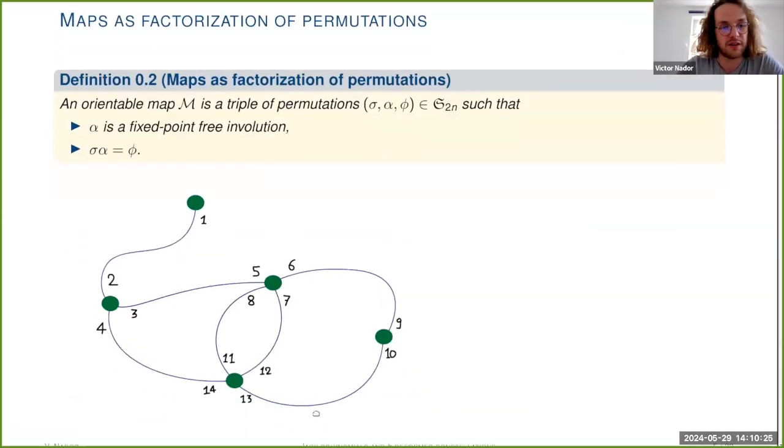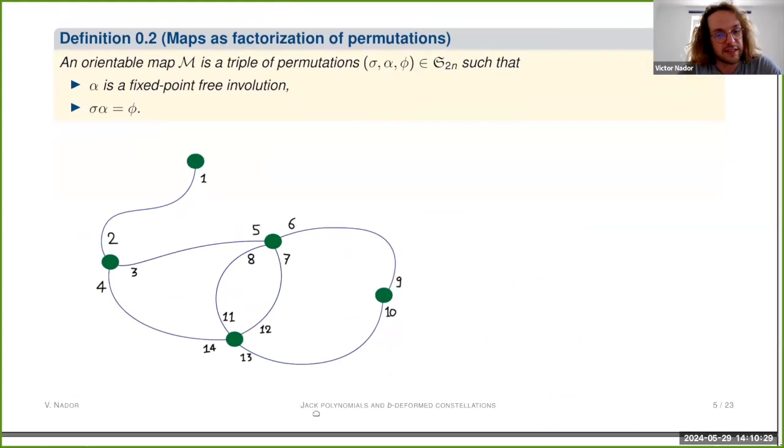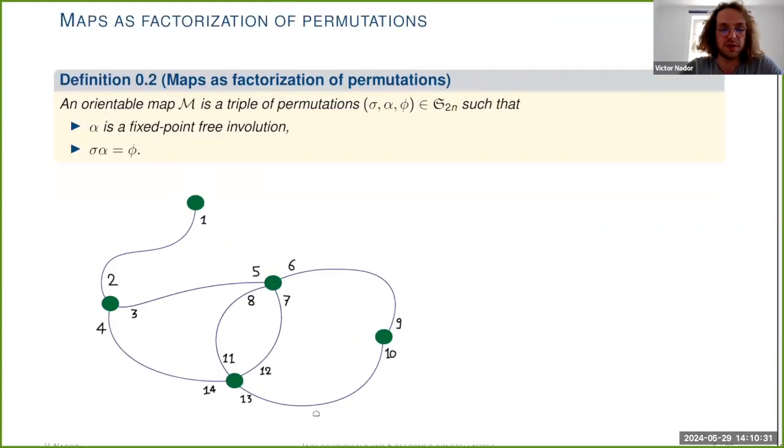Okay, so now a second characterization of maps that we need is that they can be described as a factorization of a permutation. So how does this work? Well, essentially, as I mentioned earlier, an orientable map is a graph embedded into an orientable surface, and so you can use the local orientation around the vertices to describe the incidence relation between the edges.